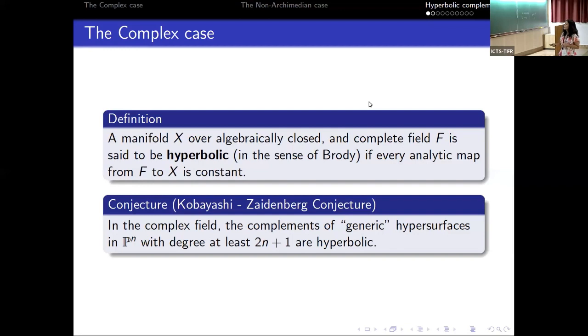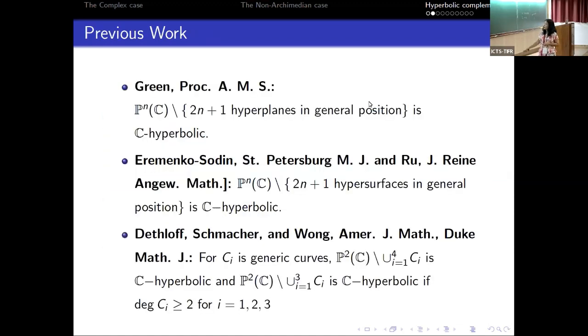Okay. So the Kobayashi and Zeidenberg conjecture says that a generic hypersurface of degree at least 2n plus 1 should be hyperbolic. But this is still an open conjecture, and people have very few results in this direction. And I will mention a little bit.